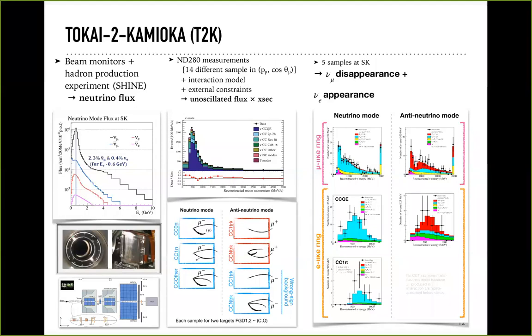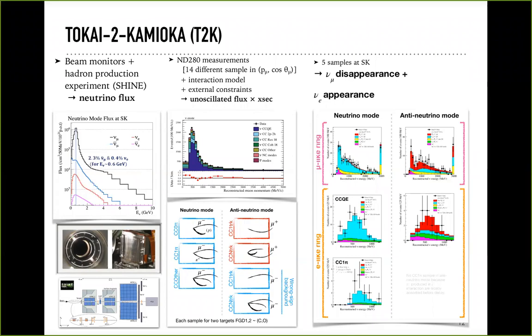You're looking at charged current interactions. So you do have a W, you have a charged muon, positive or negative, and you may or may not have, depending on the final state, pions in the final state. So you are looking at several samples, 14 in the case of the near detector for T2K.